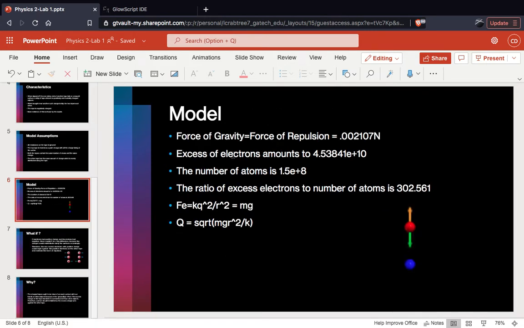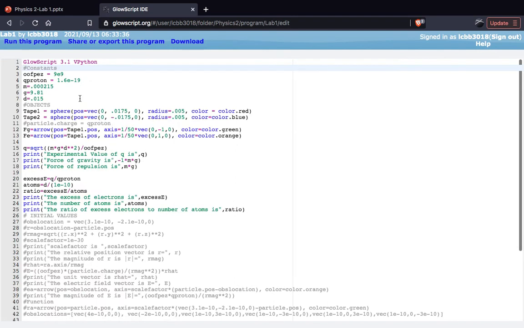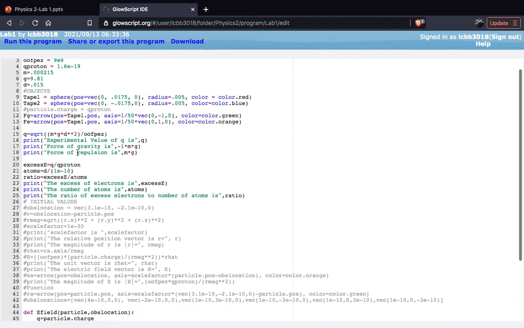And so in the model, these values are shown, and the way these values are found is by using the equation for the electric force as shown earlier, and it's equated with the force of gravity in order to find this formula.